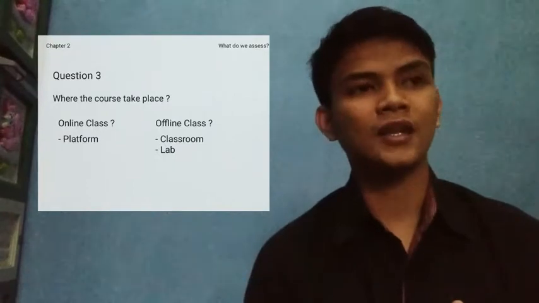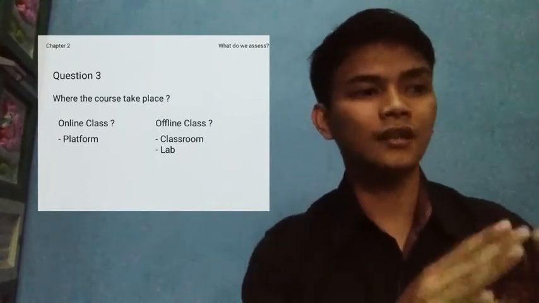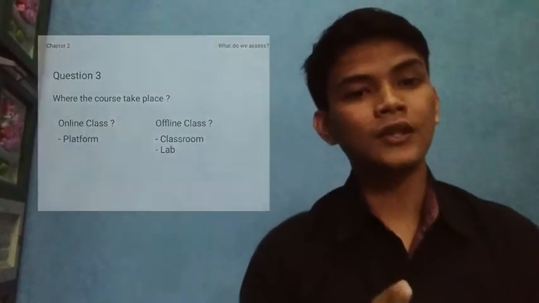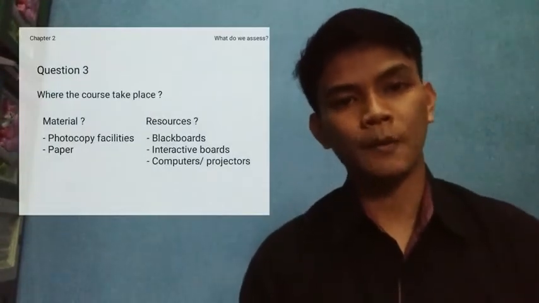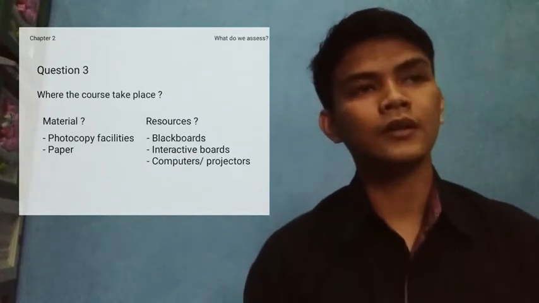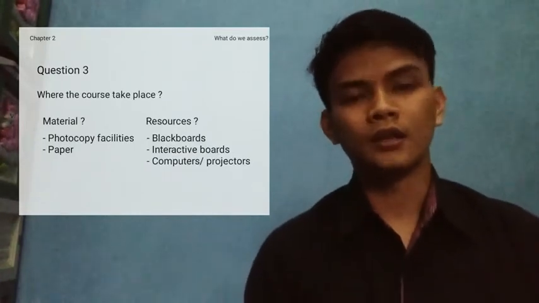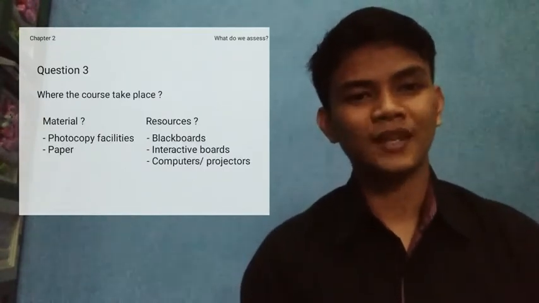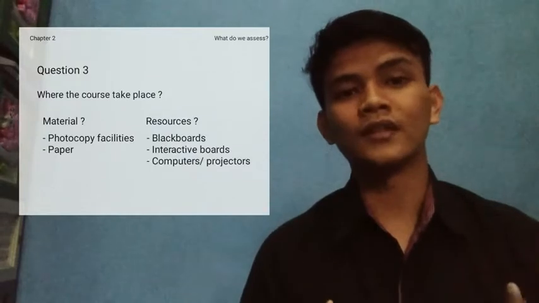And if it is an offline classroom, we need a class. Not only that, the materials and resources must also be considered, such as paper, whiteboard, computer, projector, and so on. Just adjust it to the situation and take a lot of tools that can help you in the teaching and learning process.